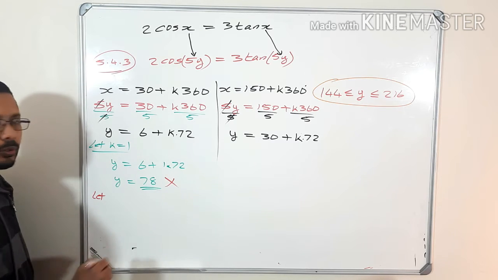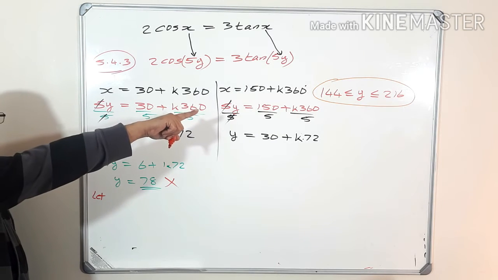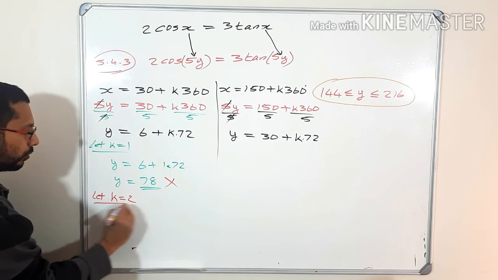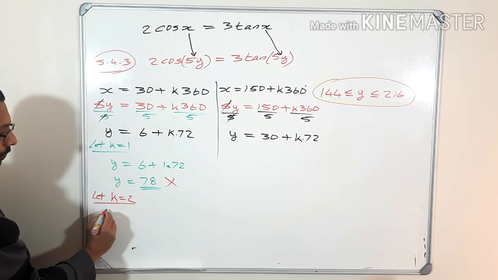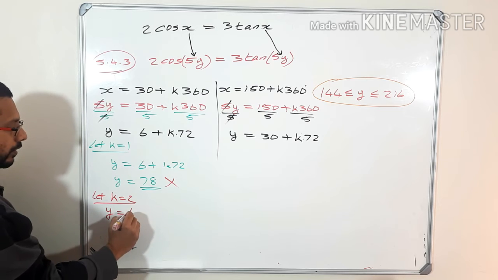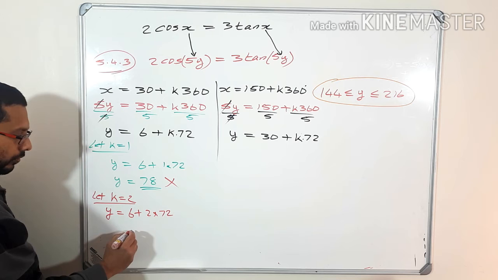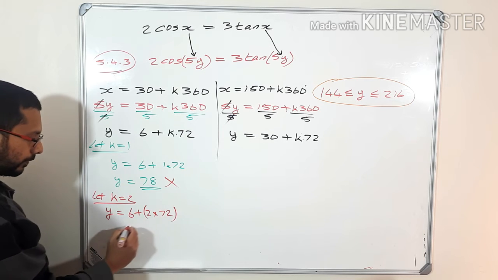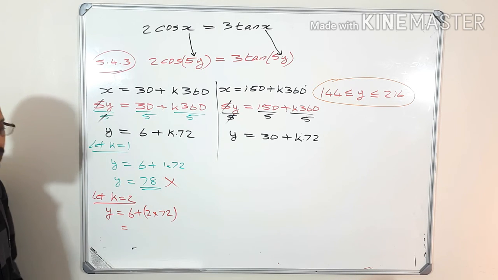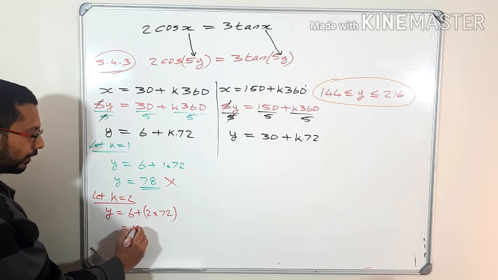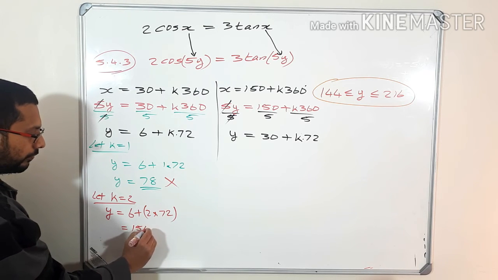So this is not possible because this one is not in that interval. Let me substitute the value of k as 2. So y is equal to 6 plus 2 times 72. 2 times 72 is 144, 144 plus 6, 150.